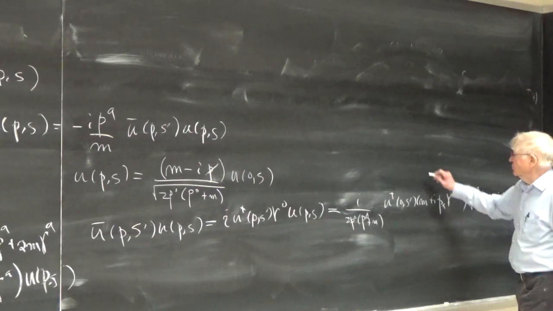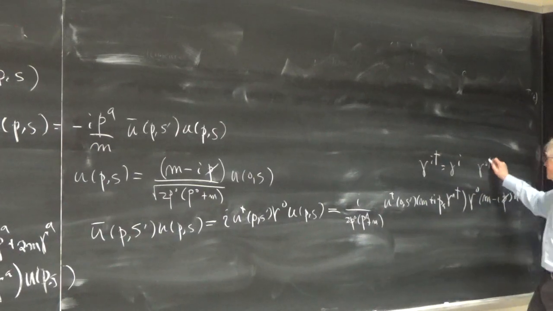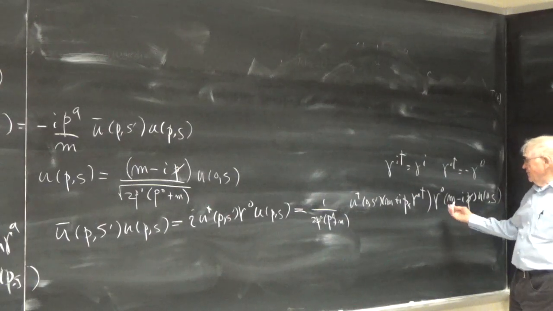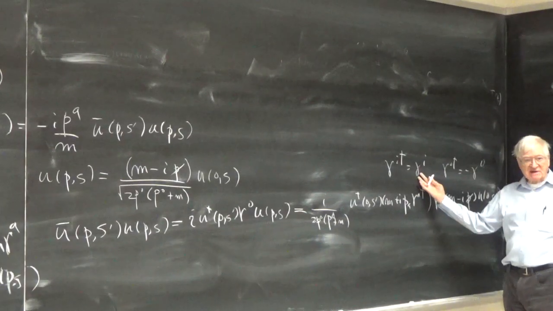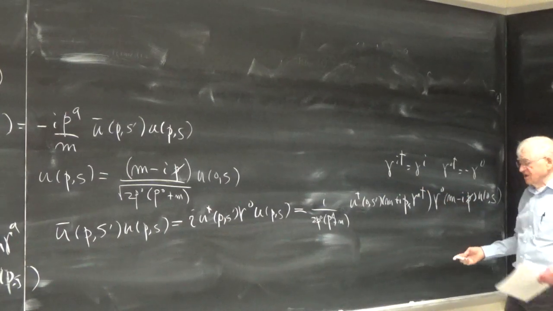Now, the spatial gammas, gamma I dagger is equal to gamma I, gamma 0 dagger is equal to minus gamma 0. On the other hand, the gamma 0s anti-commute with the spatial gammas, and gamma 0 commutes with itself.